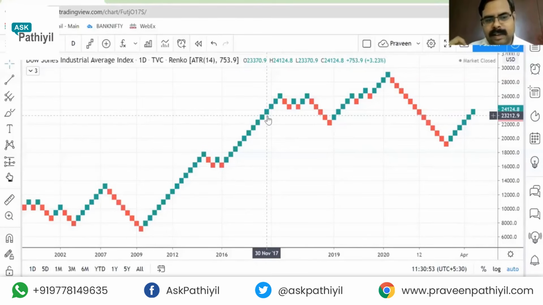First thing you need to understand: when it comes to practicability or the most successful use of Renko, the simplest logic I will say is that understanding the Renko itself holds the key. 80% of your success purely depends on how well you have understood the Renko bricks.